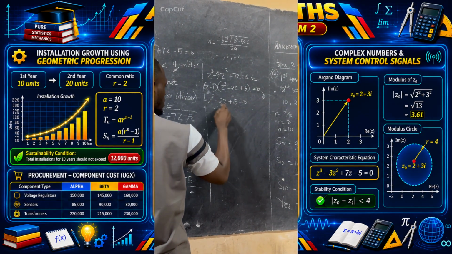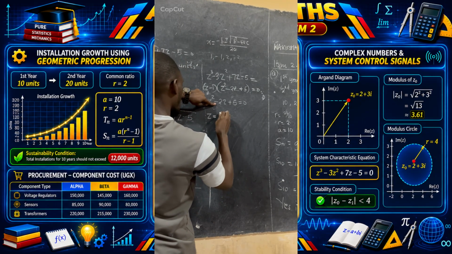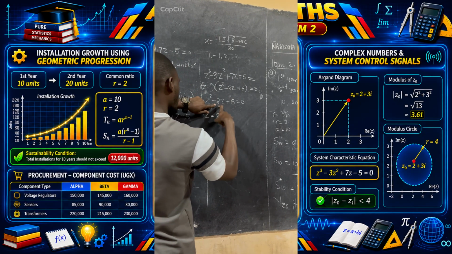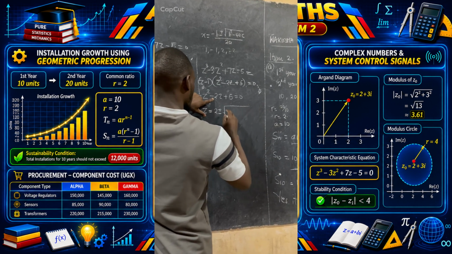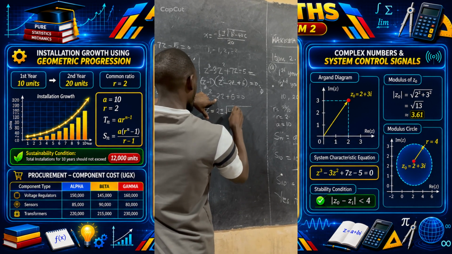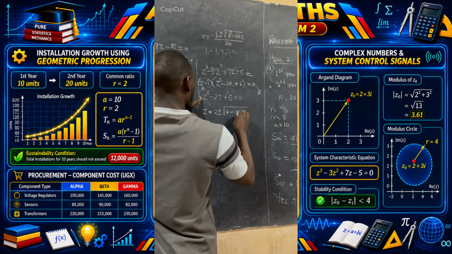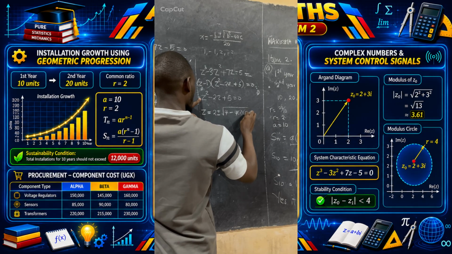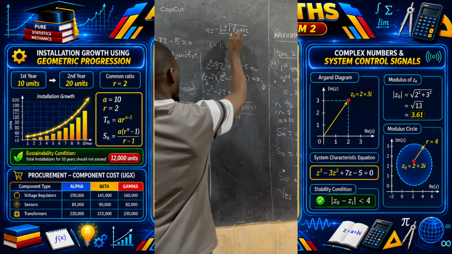Now we are not in x, we are in z. Z is equal to a negative b, which is a positive 2. Negative 2 is a positive 2. Plus or minus square root of b squared, which is going to be negative 2 squared, giving us a 4. Then minus 4 times a, which is 1, then times c, which is 5, over 2 times 1, that is the 2a.